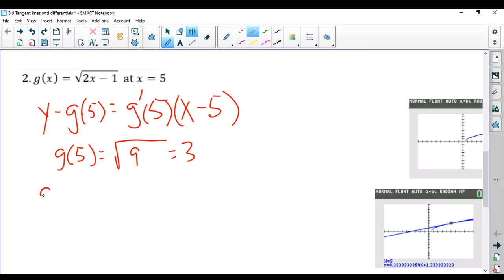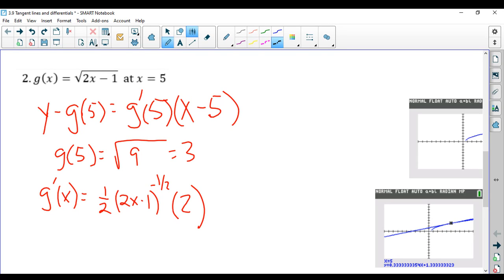G prime of 5, first you have to figure out what G prime is. This is a chain rule. So don't forget it's the derivative of the outside. So it's 1/2 times 2x minus 1 to the negative 1/2. That was the derivative of 2x minus 1 to the 1/2. Then times the derivative of the inside, which is 2. 2 times 1/2 is 1.